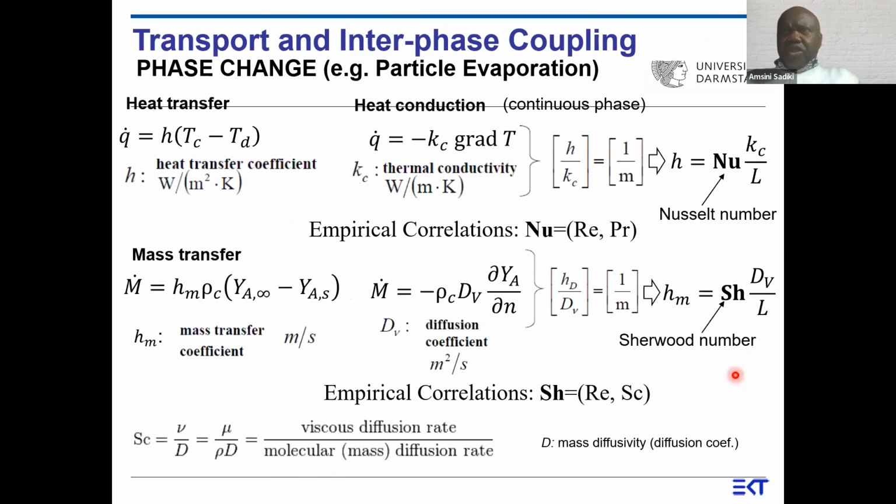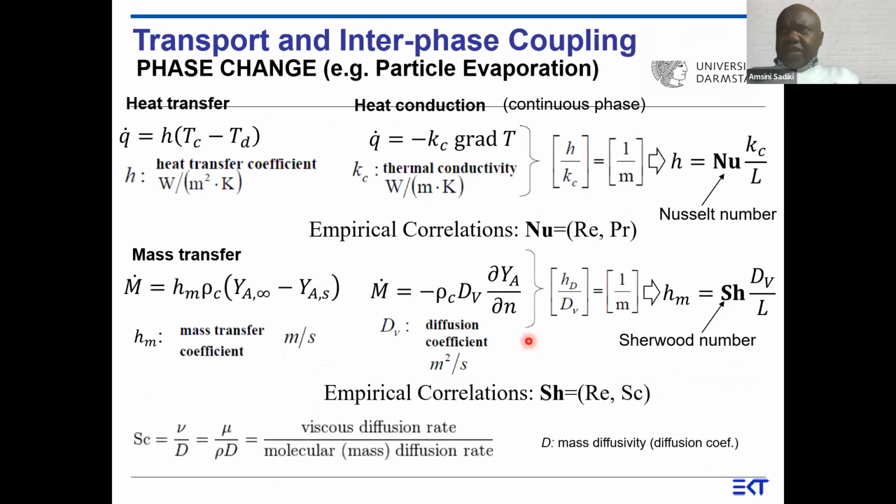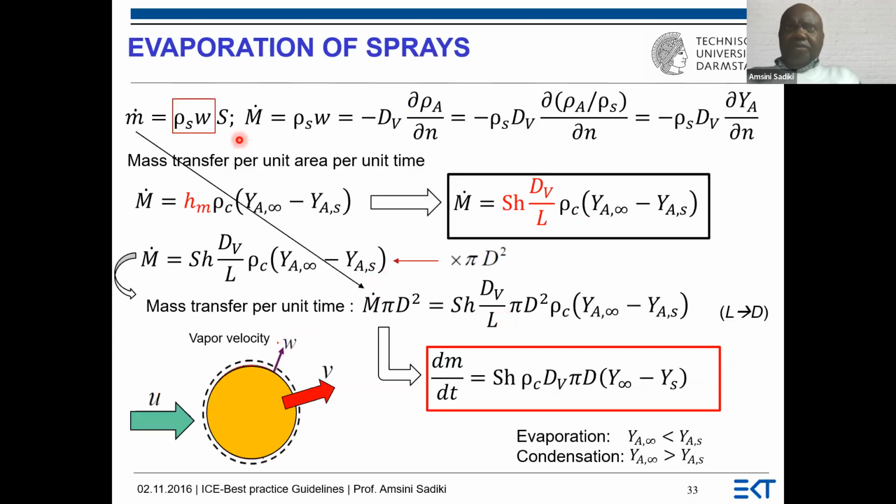So we introduced this part here, and what I didn't put clearly is how we derive it. I show now how we did it. We have the mass transfer per unit area per unit of time. We have the mass flow rate multiplied by the surface.